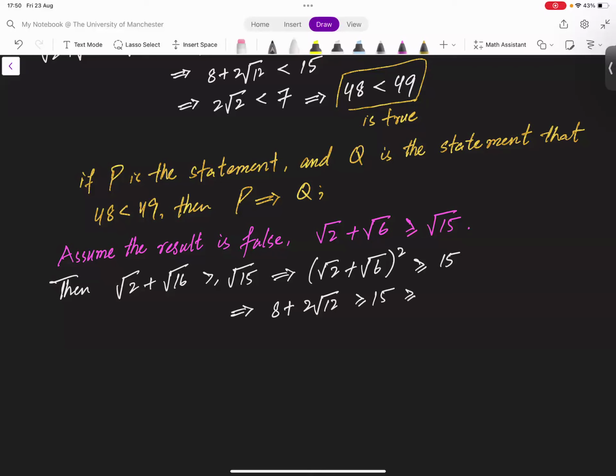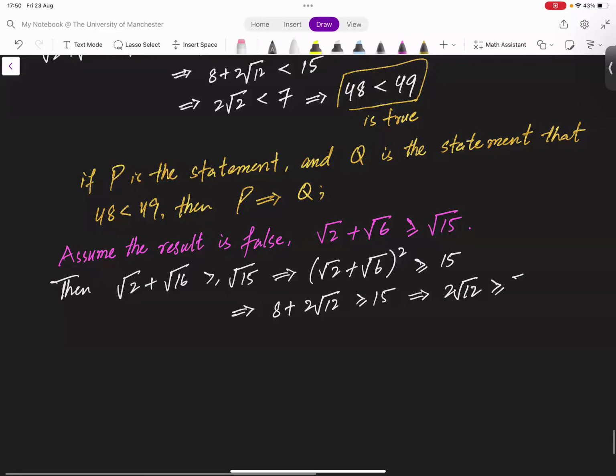If we subtract 8 from 15, we get 2 square root of 12 is greater than or equal to 7, and we can write 48 is greater than or equal to 49. Now, which is a contradiction.